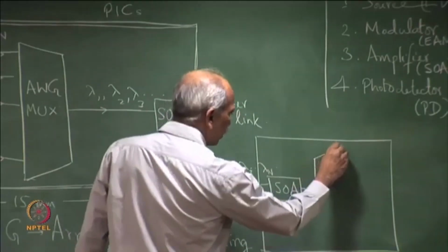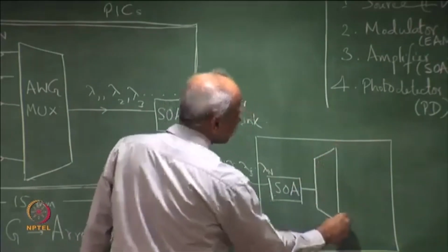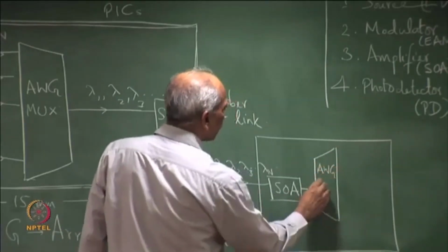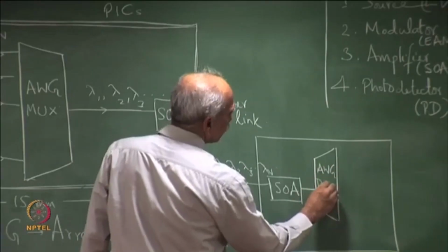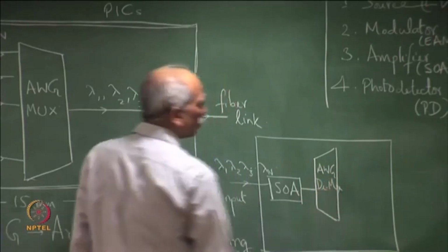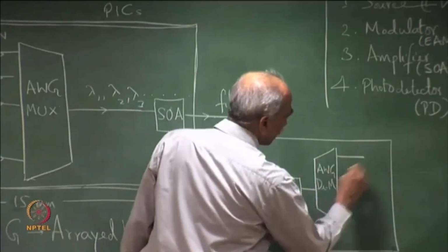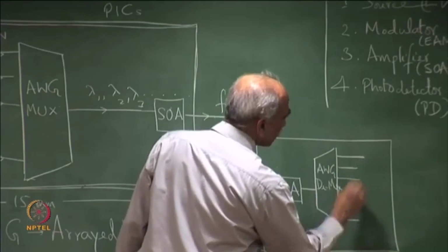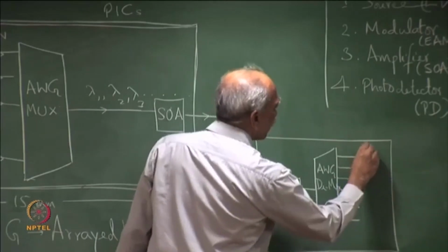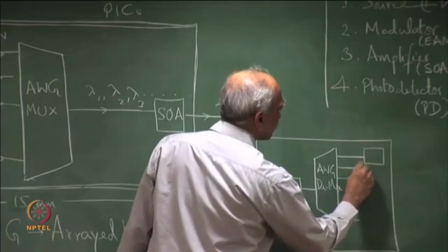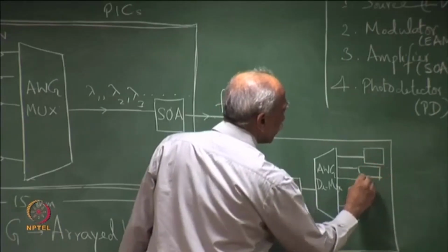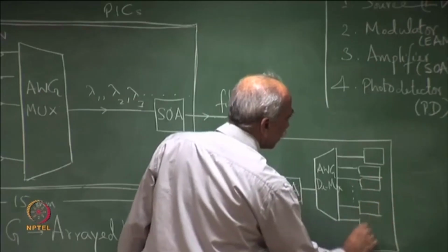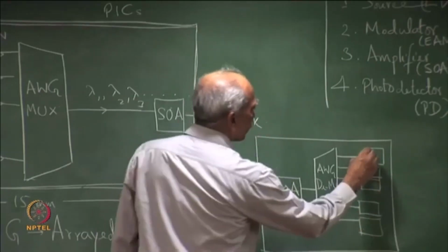So, demux, AWG demux, there could be more components, AWG demux, and then it goes to the different channels, different wavelengths going to different photodetectors. So, photodetectors.